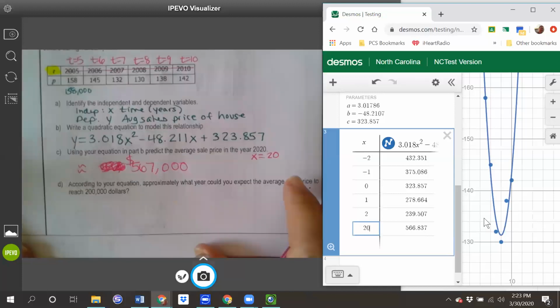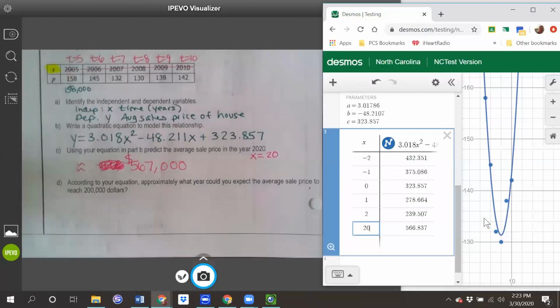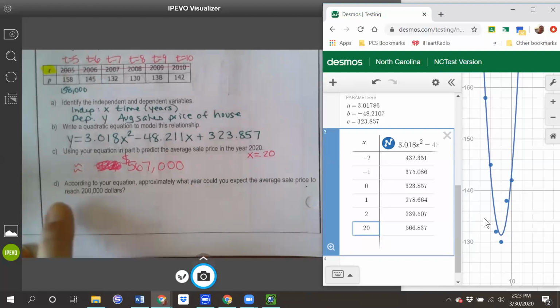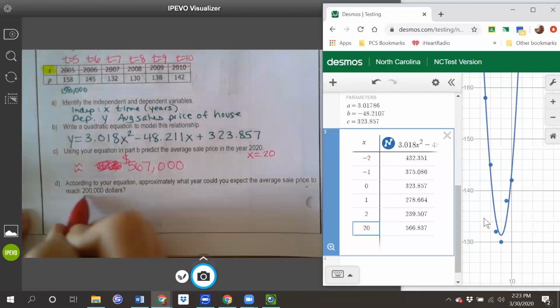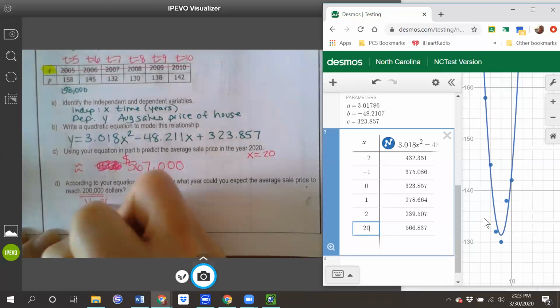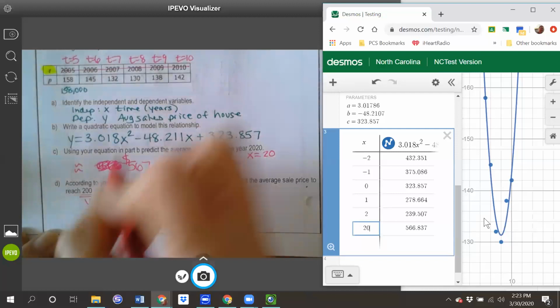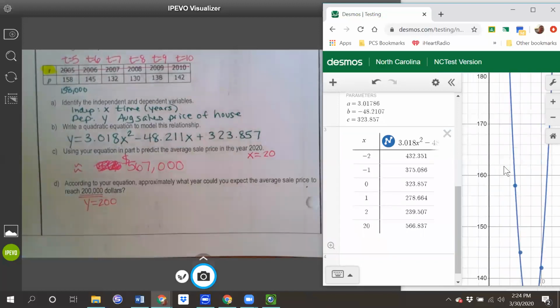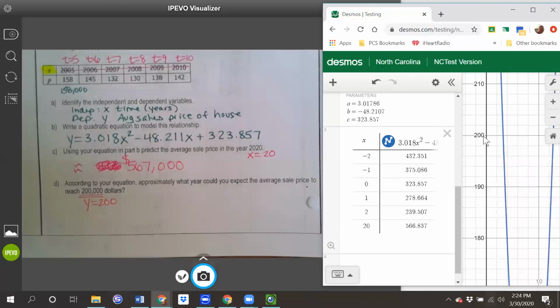All right, last question. It says, according to your equation, approximately what year, so that means that we're going to be looking for an X value, do you expect the average sales price to reach $200,000? So that means a Y value of 200, right? Because we're basing this off of thousands of dollars. So that means that a Y value is going to be 200. So if I look at my graph, I can find a Y value of 200, which is right here.